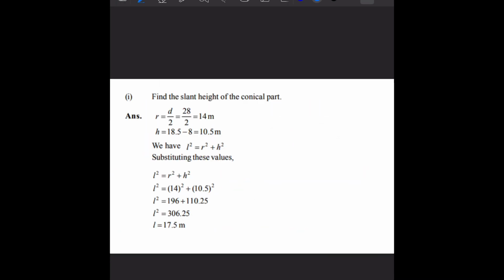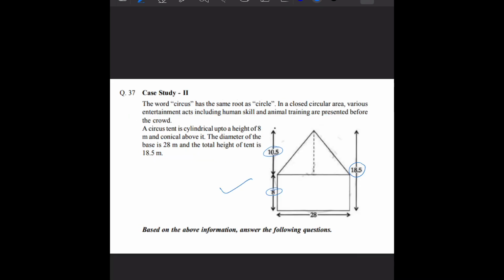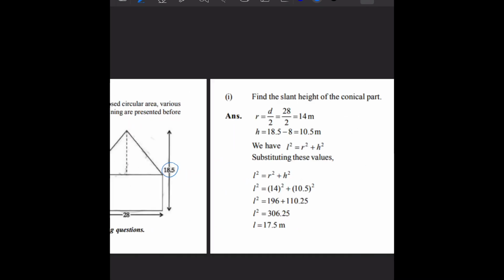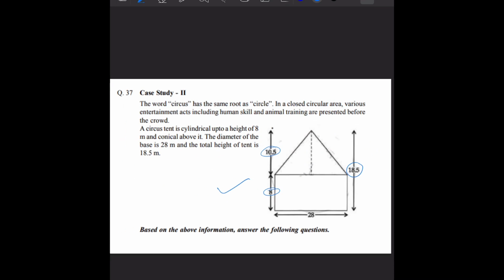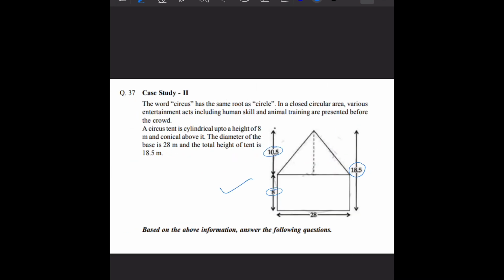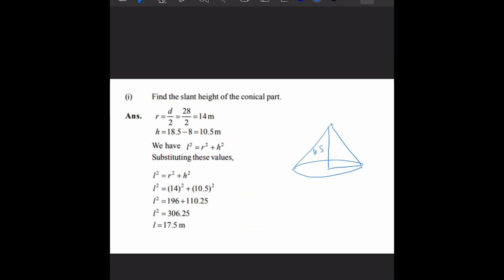Let's solve this. Find the slant height of the conical part. This is your conical part, right? So how much is the height of the cone? That is 10.5. How much is the radius?